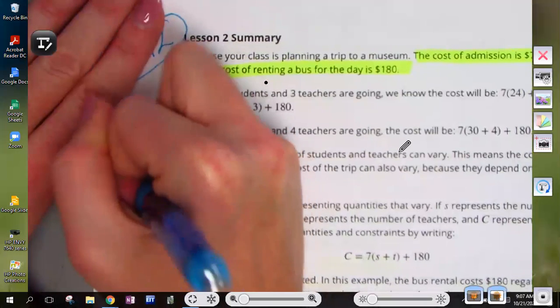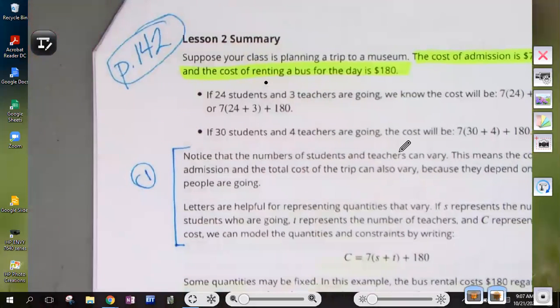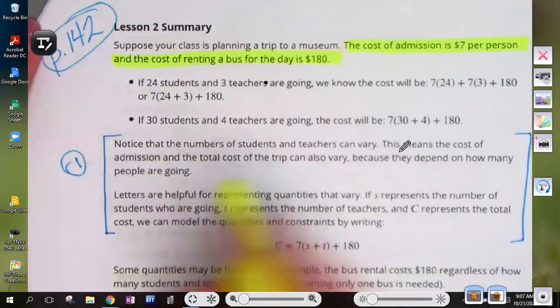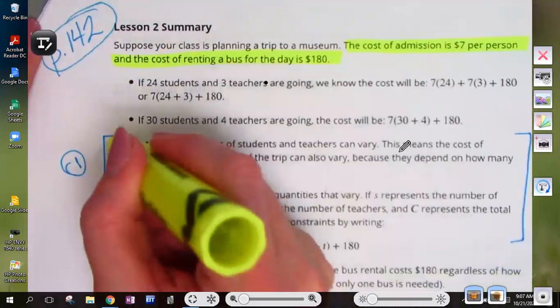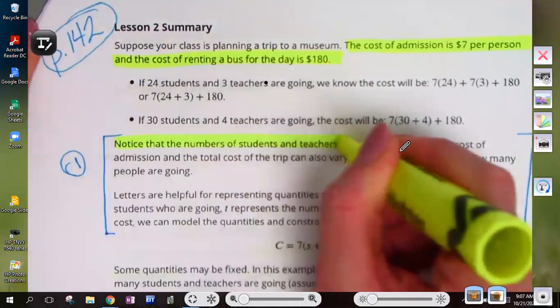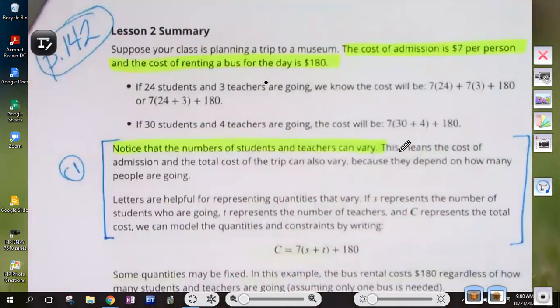We're going to put a little 1 beside this. It says, notice that the number of students and teachers can vary. This means that the cost of admissions and the total cost of the trip can also vary because they depend on how many people are going.